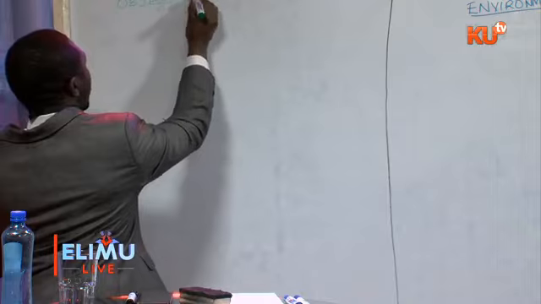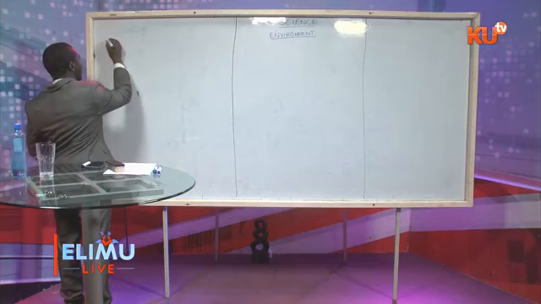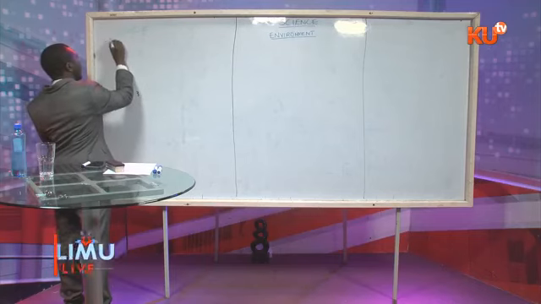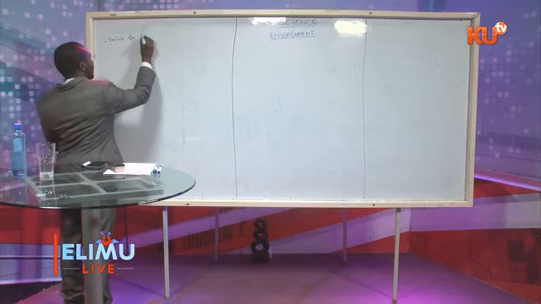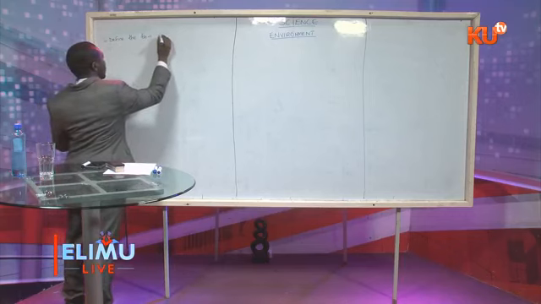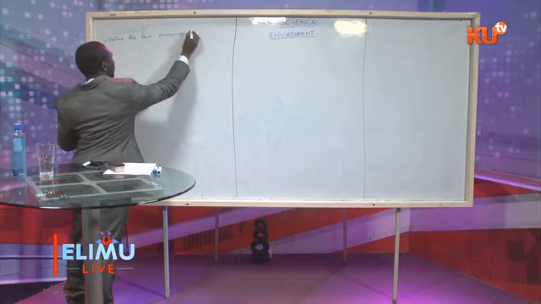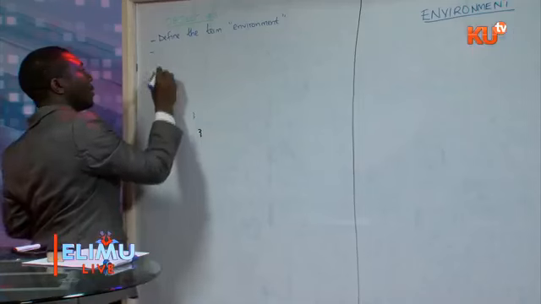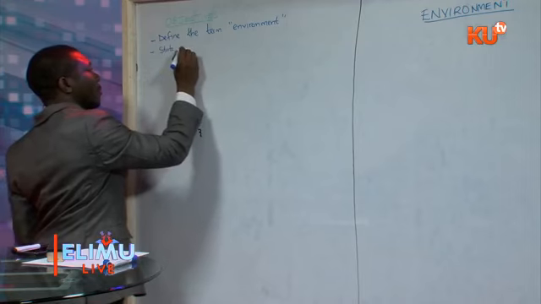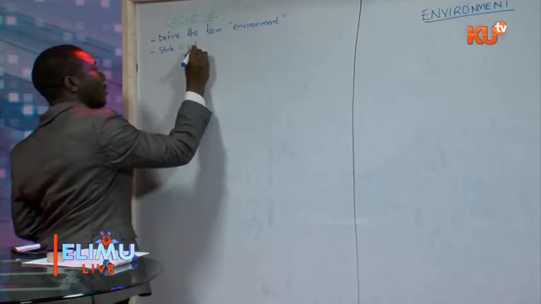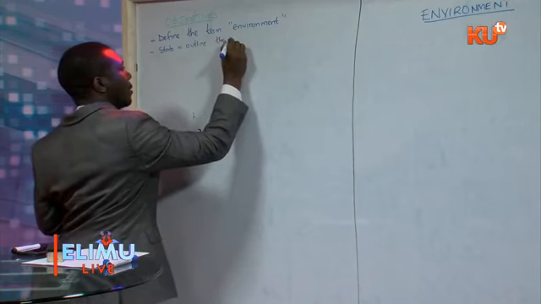The main objectives of this lesson today: 1, you are supposed, as a candidate or a standard 7 student, to define the term environment. Number 2, you are supposed to state or outline the major components of environment.